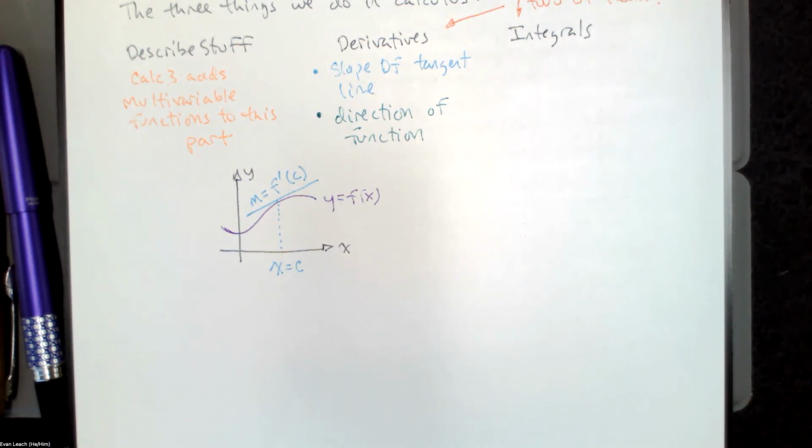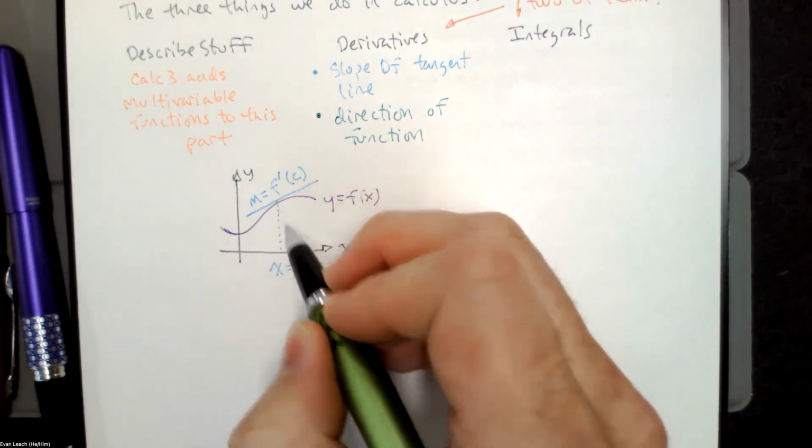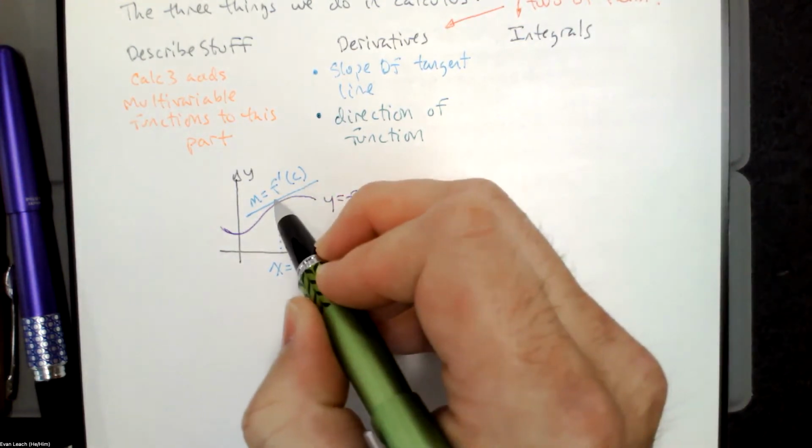We interpret this as the instantaneous rate of change. It's the speedometer of the function. But it's also telling us which direction the function is going. Because if we have a train moving along these tracks and at x equals c is where the train leaves the tracks, then it'll keep going in this straight line.